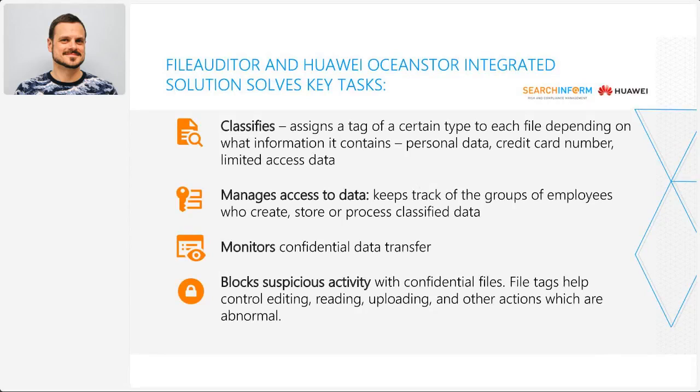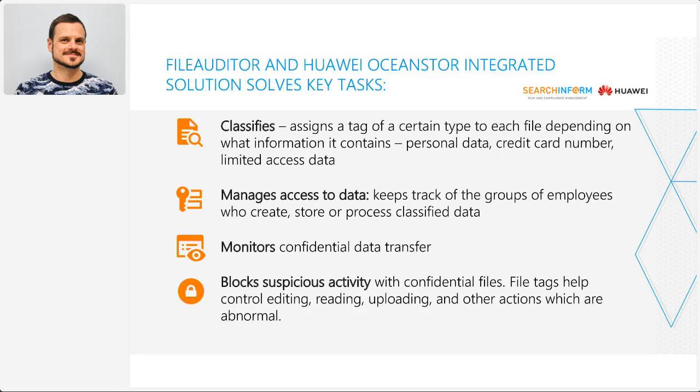SearchInform FileAuditor does the following to all the files that you keep on your workstations and on those Exchange servers, in this particular case, the NAS storages by Huawei. First thing it does is it scans the whole file system of the company. It gets access to the whole file system, including the workstations and the Exchange servers.